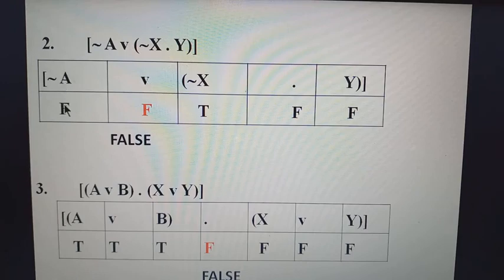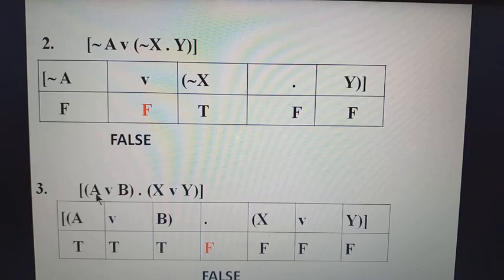The first disjunct is false. The second disjunct is also false because the whole of this parenthesis is false. A disjunction is false when both disjuncts are false. So the value of this disjunction is false, and the entire expression is false.